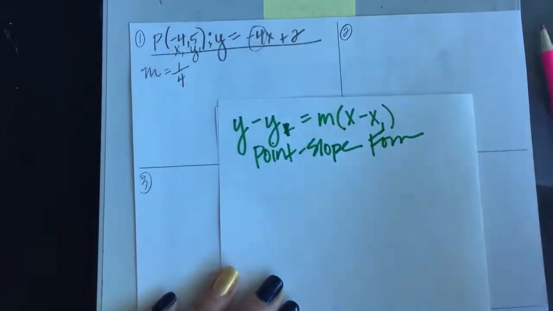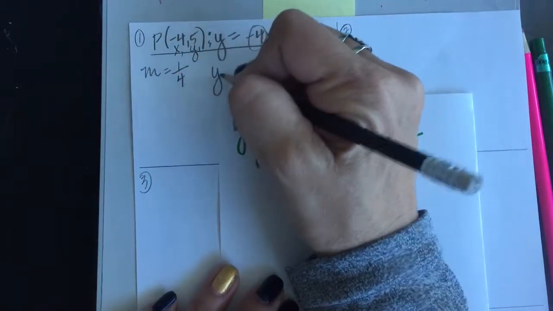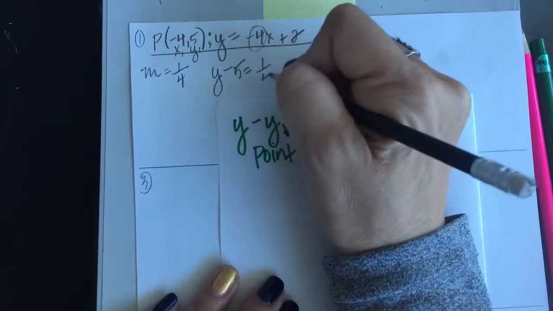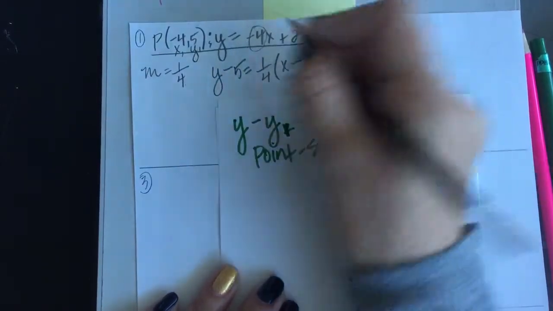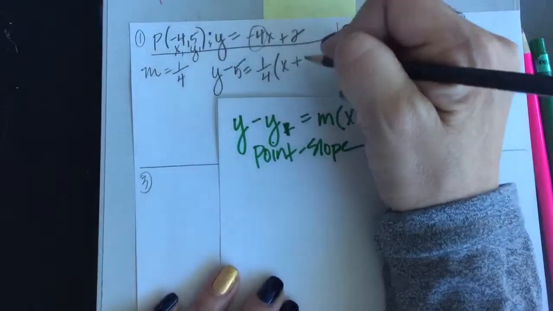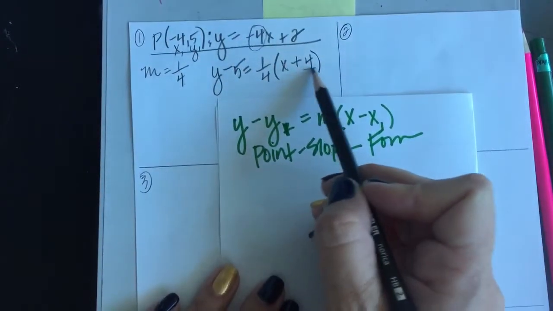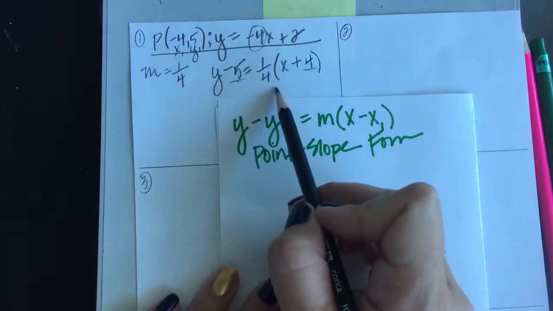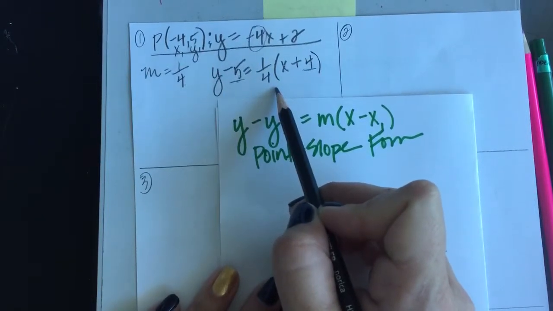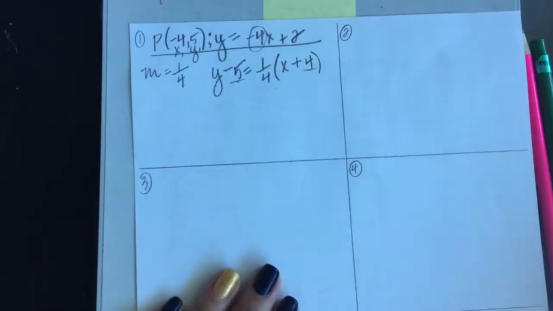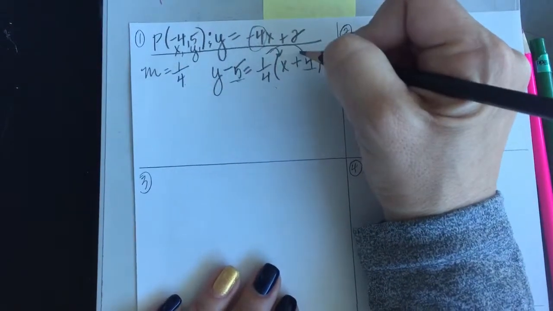And so in the case of number 1, we've got y minus, the y value is 5. That's going to be equal to positive 1/4 times the quantity x minus -4, so it would be x plus 4. So putting in my point, -4 and 5, and my slope. And then I'm going to go ahead and distribute my 1/4.